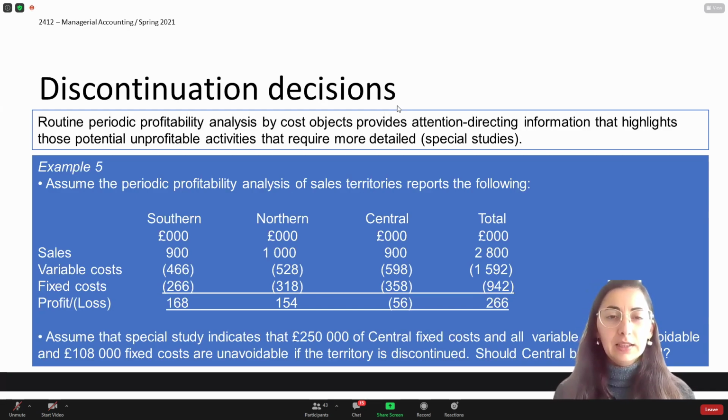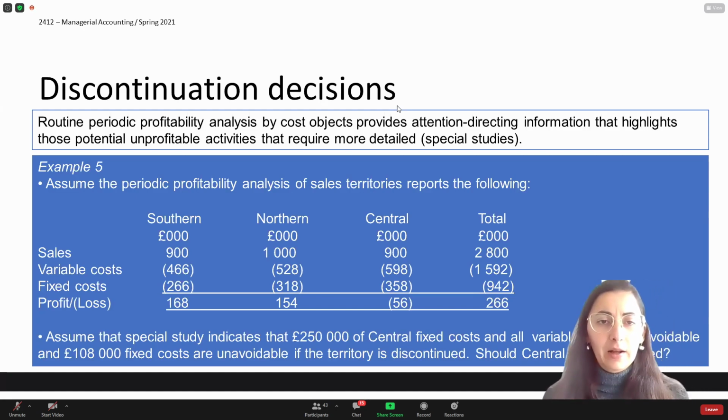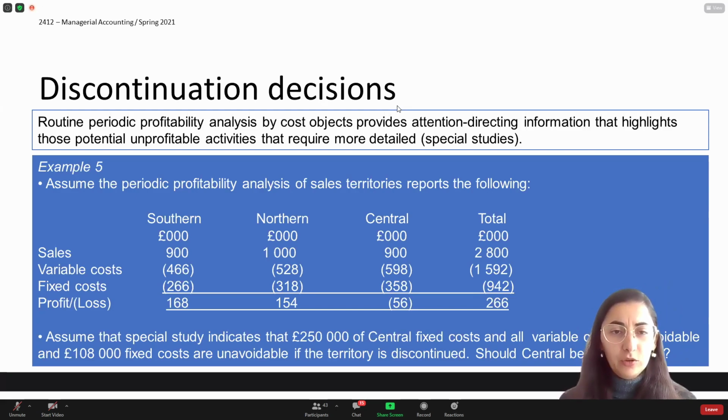Now we have this company on the example. On this company, we have 3 territories. So we have Southern, Northern, and Central. And then we have there the total sales. So we have the sales for each territory and then the total sales, which is just the sum of them. We have the variable costs and the fixed costs. And then we have profit and loss.